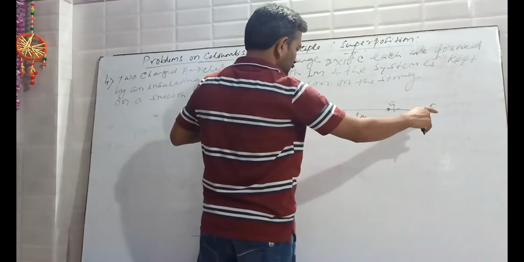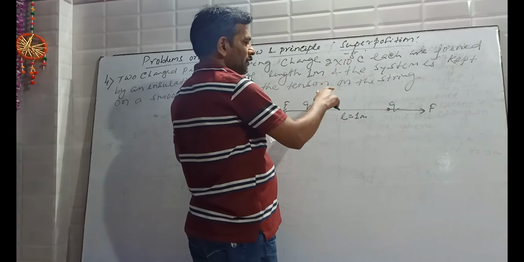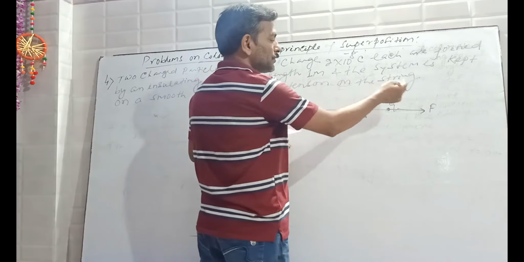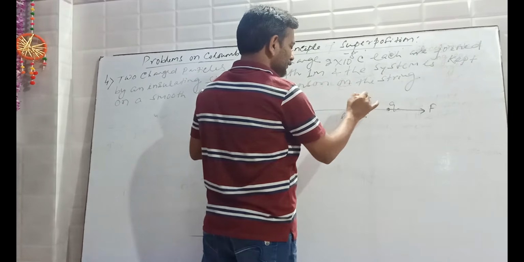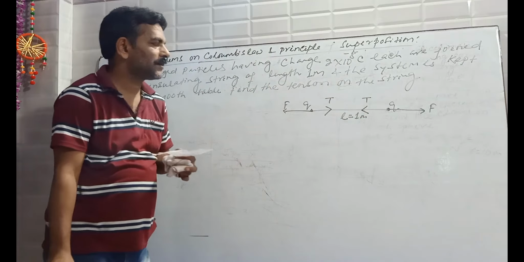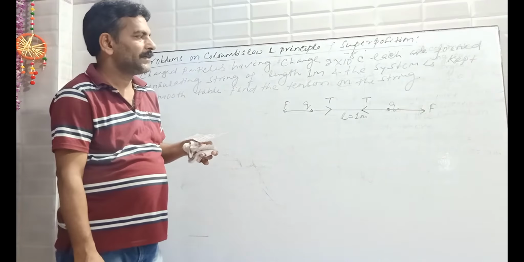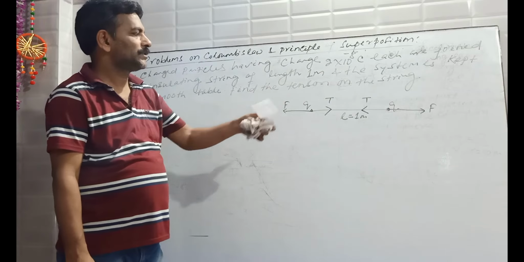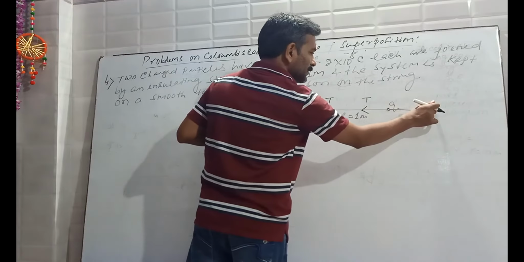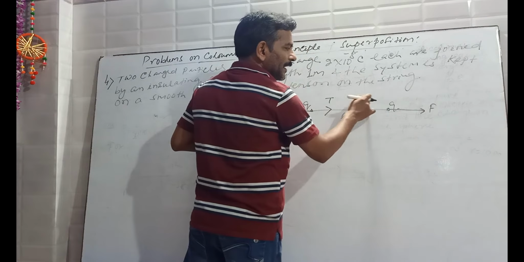Due to this force, tension develops on the string opposite to the force. For a string, tension is equal and opposite, acting opposite to the applied force. This is the Coulombic force, and tension acts opposite to it.